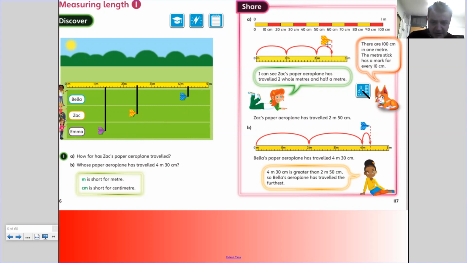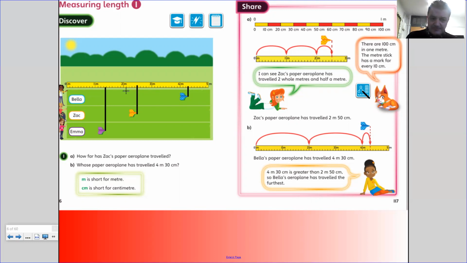Right at the tip, because we're measuring not from the back, but from the tip of the plane. I've drawn a straight line up. I know it's between 2 meters and 3 meters: the distance traveled is greater than 2 meters, but less than 3 meters.